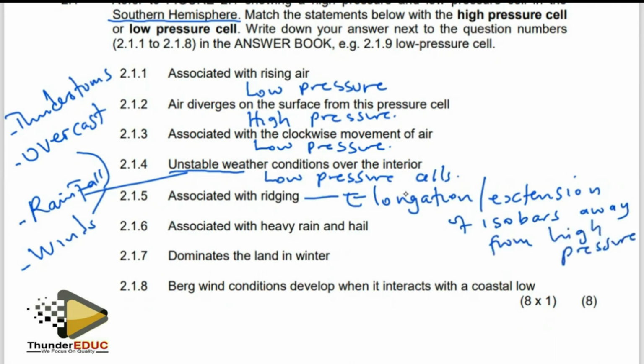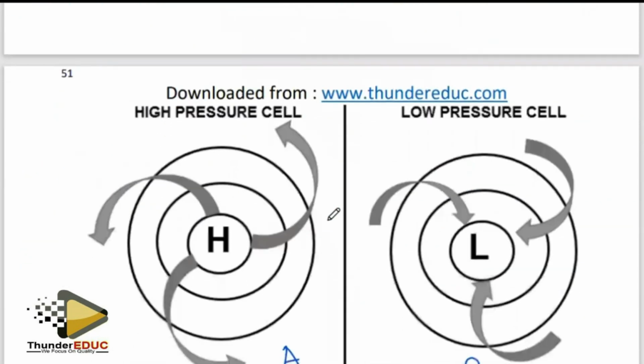So the moment I say high pressure, definitely you know what our answer is, right? Because it says associated with ridging. So ridging is common in high pressure.